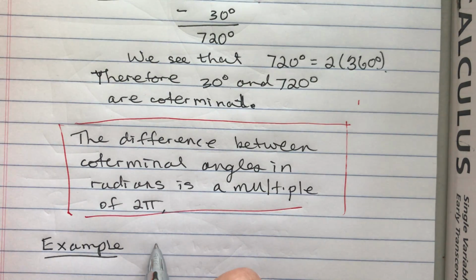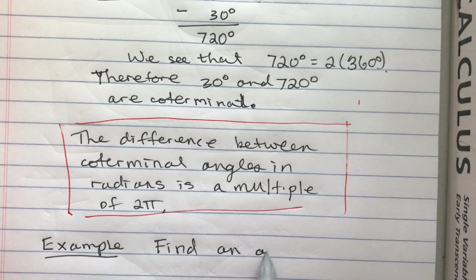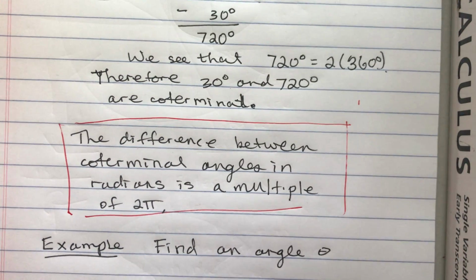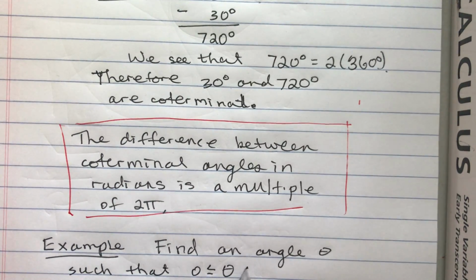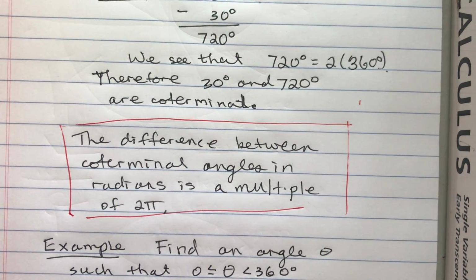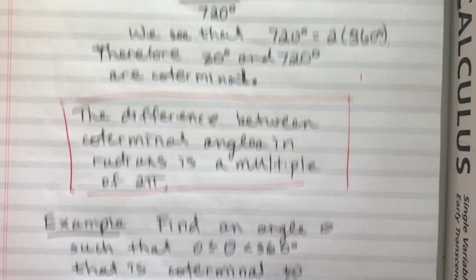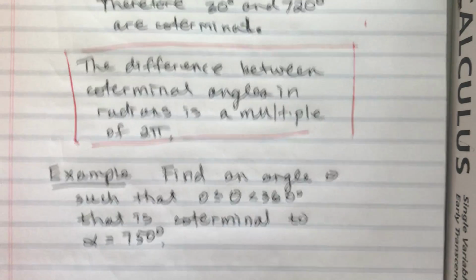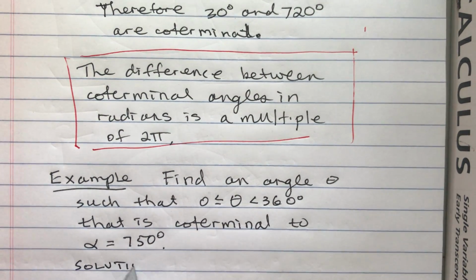So find an angle theta such that theta lies between 0 and 360 degrees that is coterminal to alpha equals 750 degrees. Okay, so let's look at how we could do that.